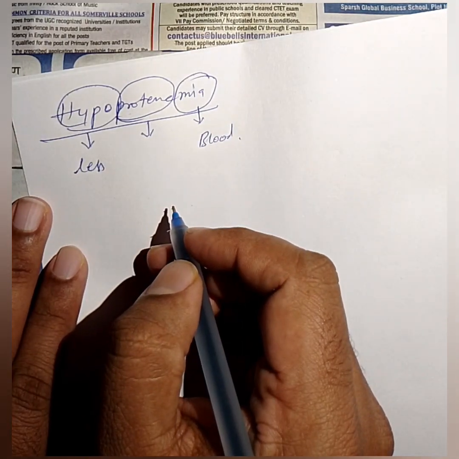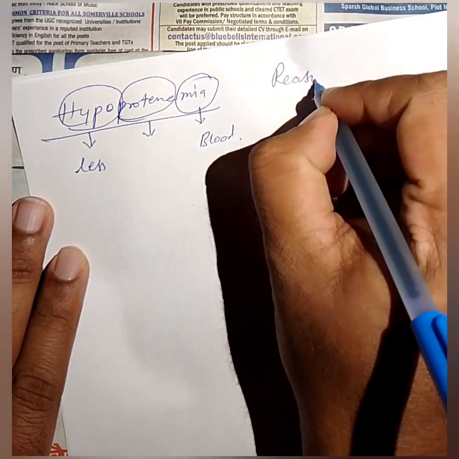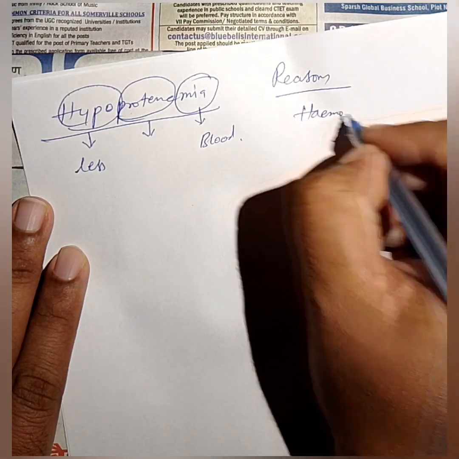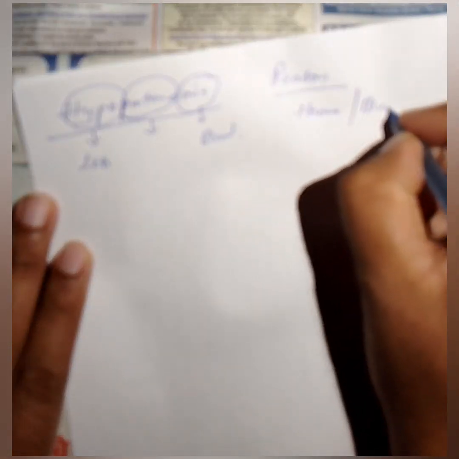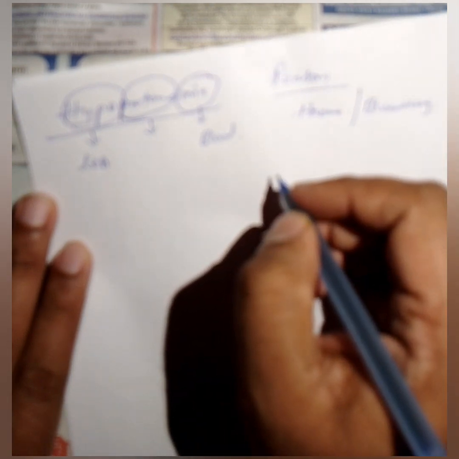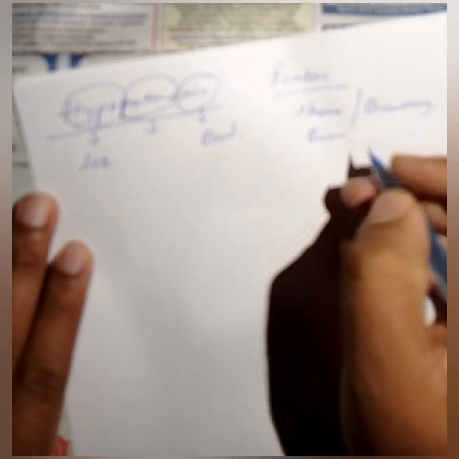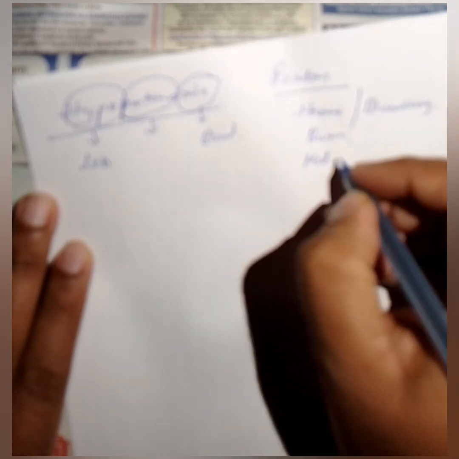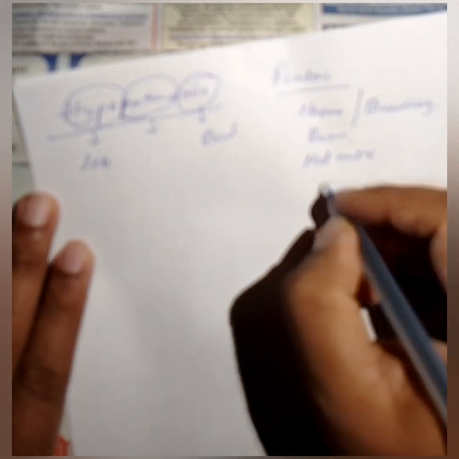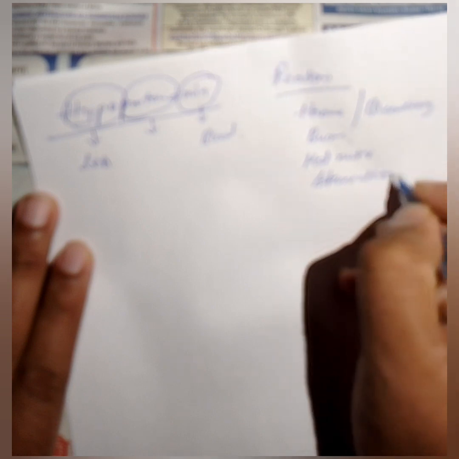There will be so many reasons for this hypoproteinemia. Some of the reasons are hemorrhage. Hemorrhage means bleeding. Bleeding may be one of the reasons for decreased protein. And one more reason may be burns. And some of the reasons like malnutrition, starvation and malabsorption also may lead to the decrease of the proteins.